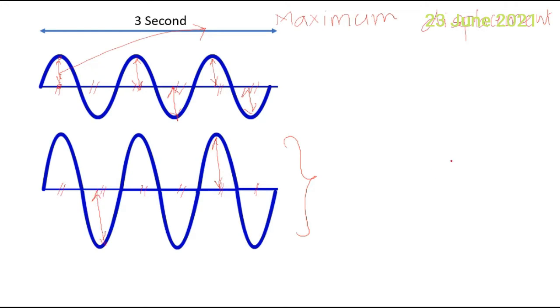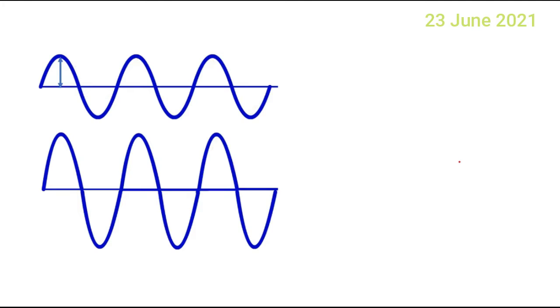So these waves differ in their maximum displacement. And this maximum displacement is not only of this first wave, it is everywhere. It will be above as well as below.